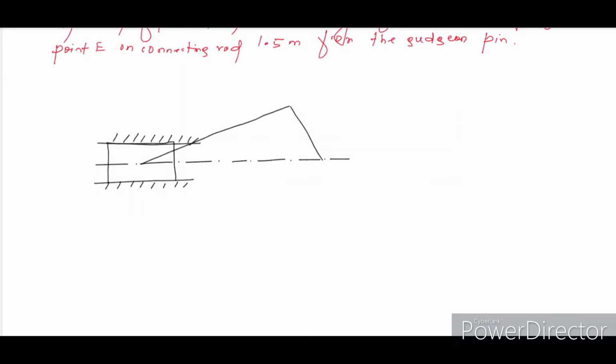Now give one imaginary circle to indicate the coverage of the crank. Now let's say this point is A, this point is B, this is O, and this is our inner dead center. This is our outer dead center, 180 apart.